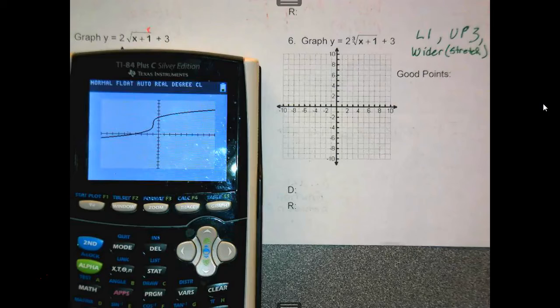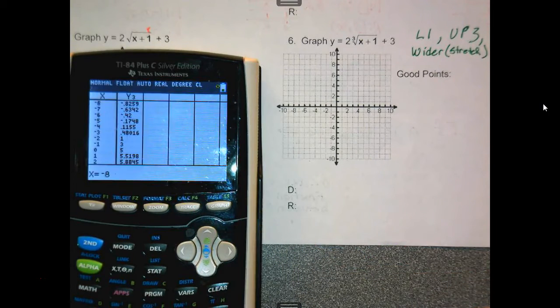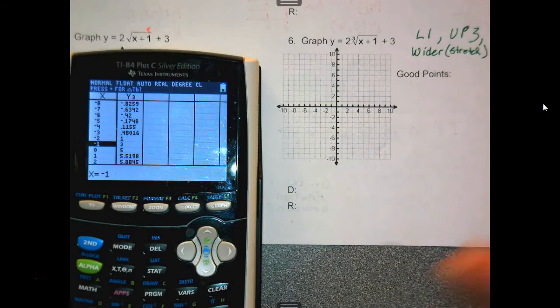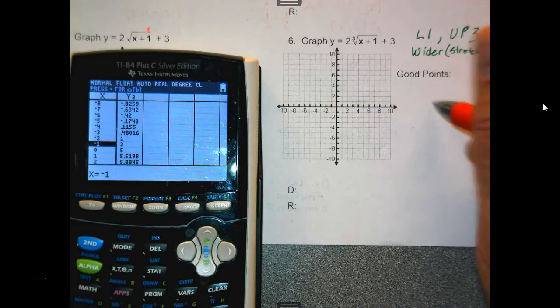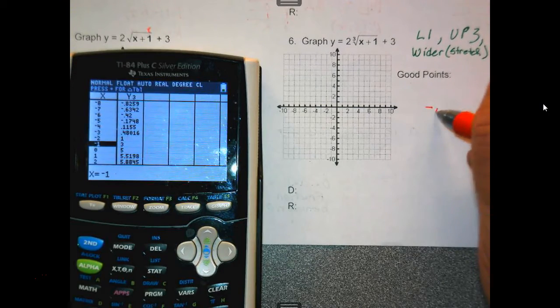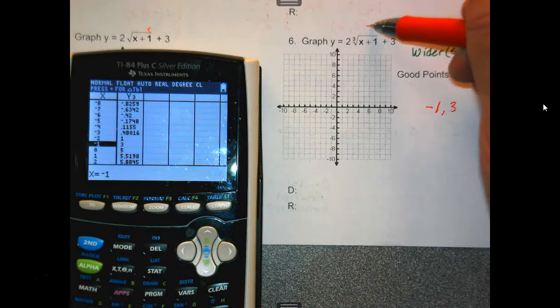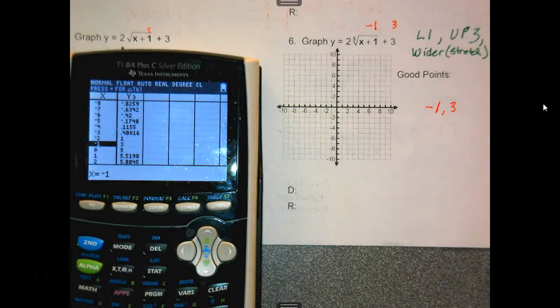Okay. So we have to accurately graph this on our paper. Let's pick some good points. I'm going to go to my table. Here's my real 3 close points, right? So my HK is going to be -1, 3. Because there are 3 points, it's the middle point. Plus, you can get it off of here. My H is -1, my K is 3. Let's see, the one after it, a good point, 0, 5.